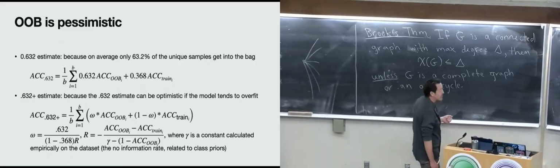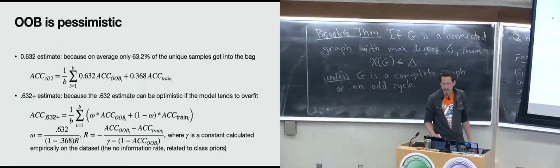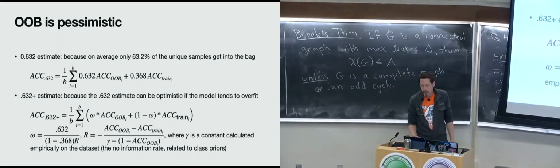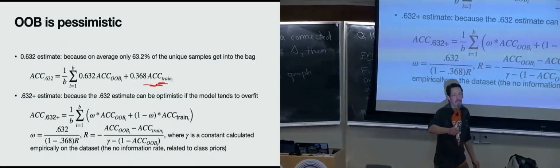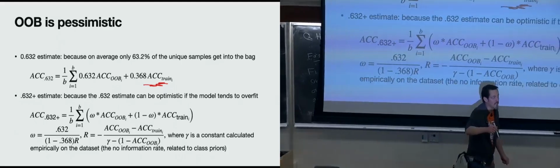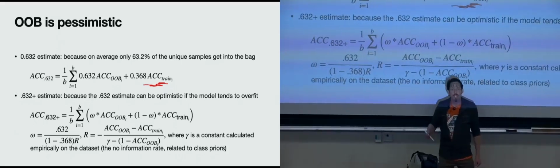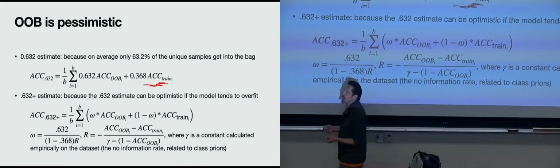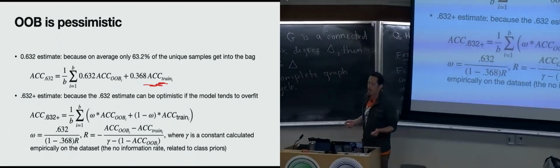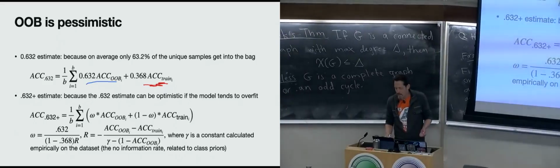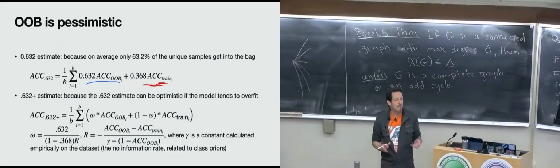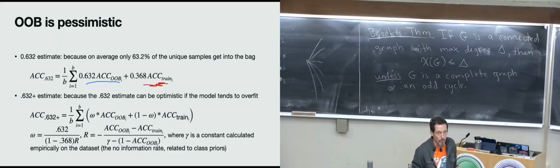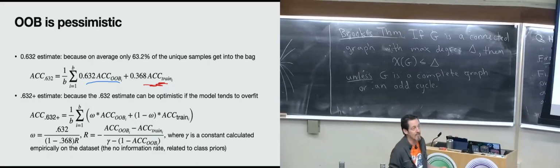This is called the 0.632 estimate, right? Because most of the data is over here in the training set accuracy, but we know we're going to do better on the training set because we're overfit to it, we can make a systematic correction and take part of our training error and combine it with part of our out-of-bag error. This 0.632 estimate corrects for the pessimistic bias of the out-of-bag error.